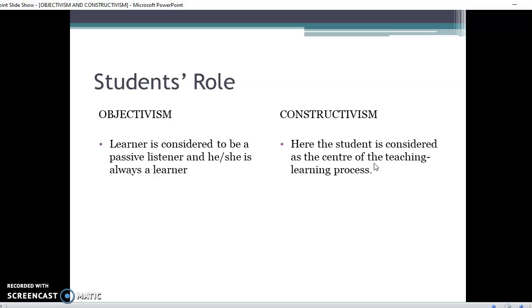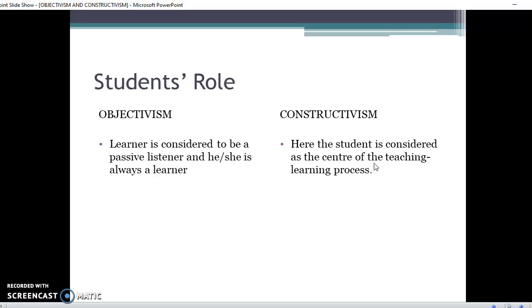So this is how different it becomes when you keep the child at the center instead of considering the learner as a passive listener or only a listener, which converts the interaction into a passive one. It's one-way traffic. There is no life in the class.